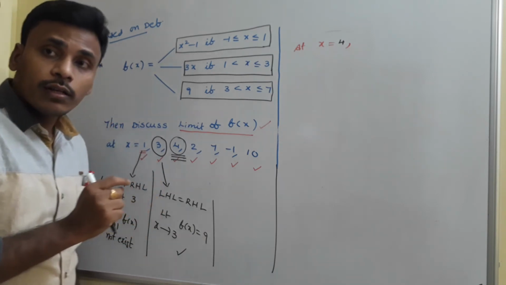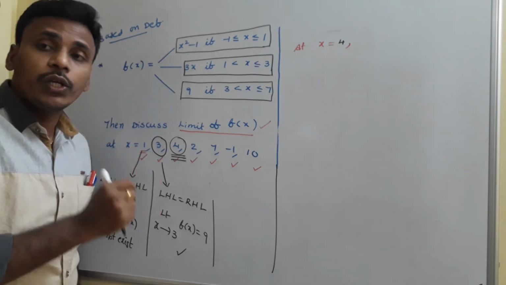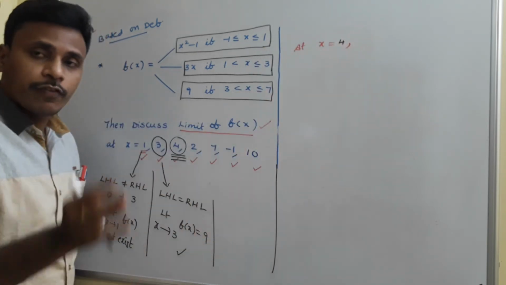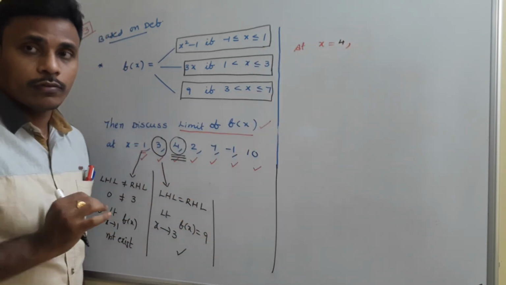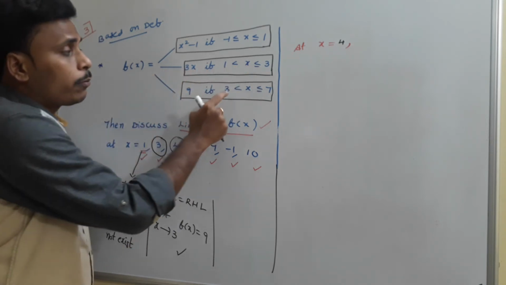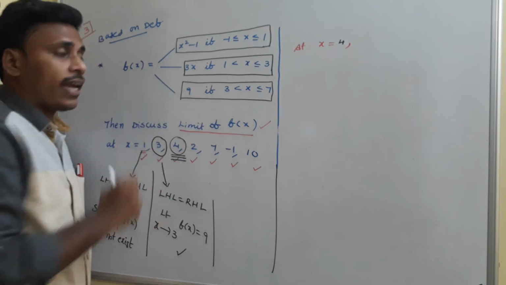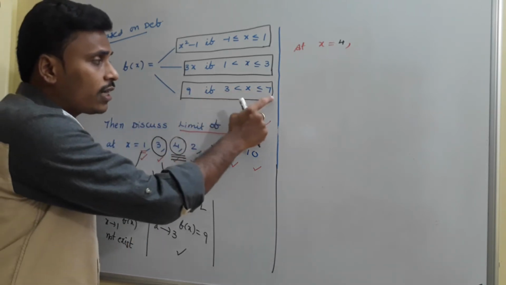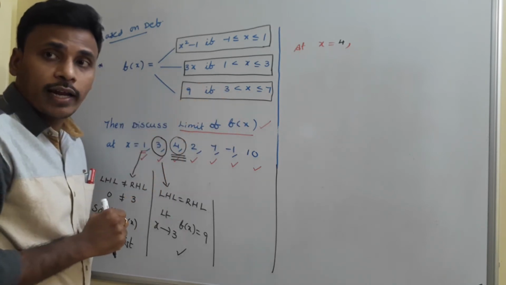First of all, what do we need to do? We need to think about the function in the surroundings of 4, left side of 4, right side of 4. Just look at the function. In between 1 and 3, it is 3x. In between 3 and 7, it is 9. Look there, in between 3 and 7. See, in between 3 and 7, 4 is also involved, right?